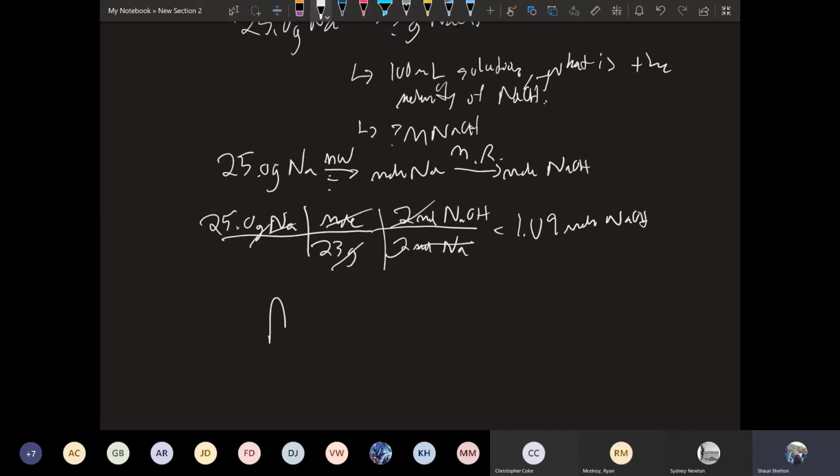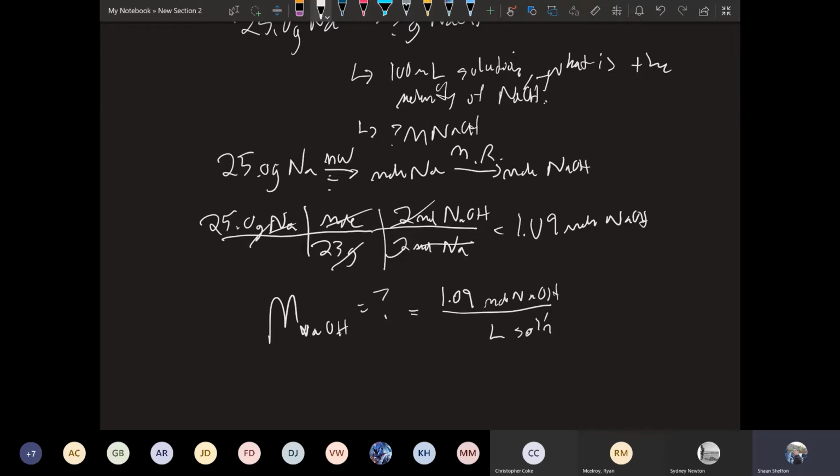So now we have moles of sodium hydroxide. Our question is, what is the molarity of sodium hydroxide? All right. Now going back to the last video, the last lecture, we are going to have to make sure we know the moles of sodium hydroxide per liter of solution. And that's my shorthand way of writing solution. So we know the moles of sodium hydroxide. We just calculated that, 1.09 moles of NaOH.